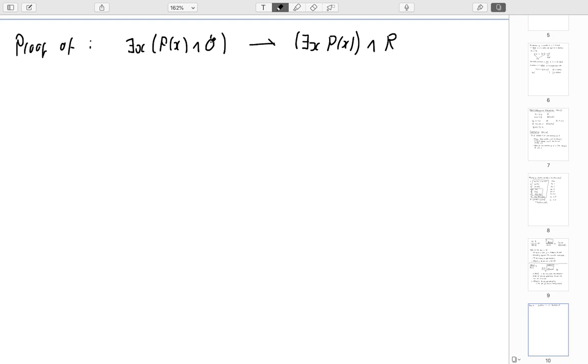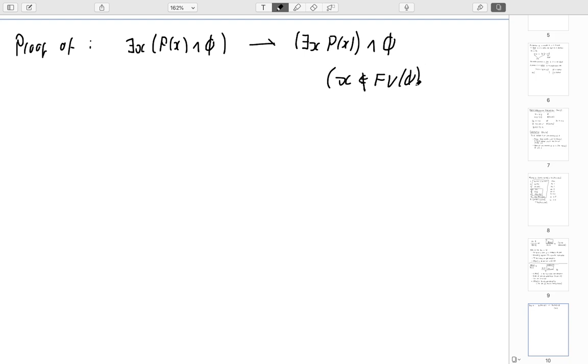So let's make it a formula phi, where x does not belong to the free variables of phi.